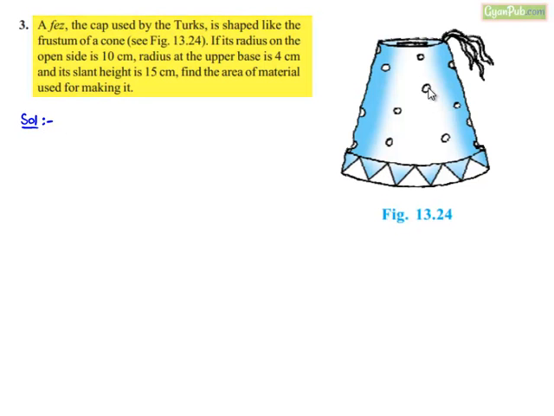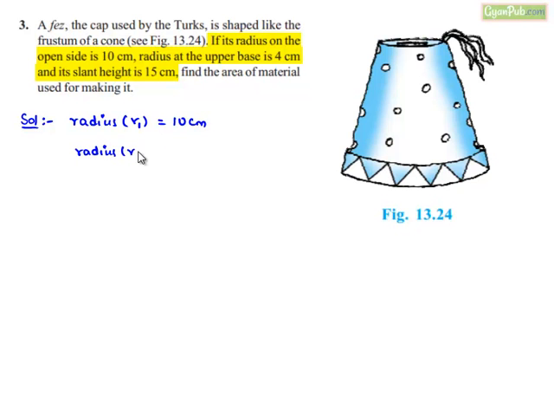Here he has given the cap in the form of a frustum. The radius of the open end of the cap is given as R1, that is 10 centimeters, and the radius of the top portion of the cap, that is R2, is given as 4 centimeters.